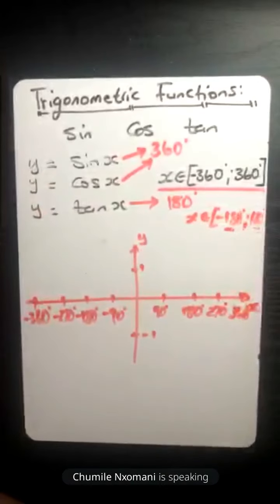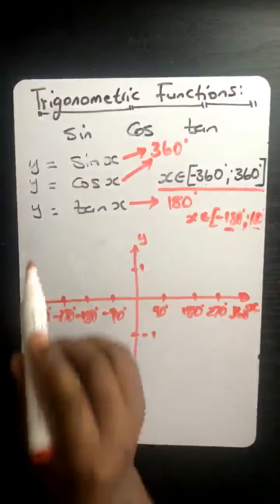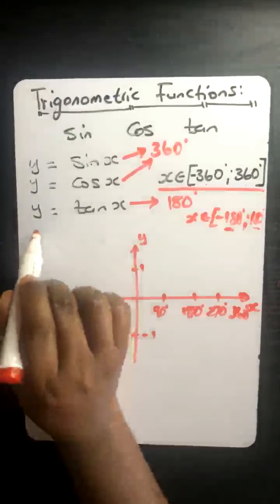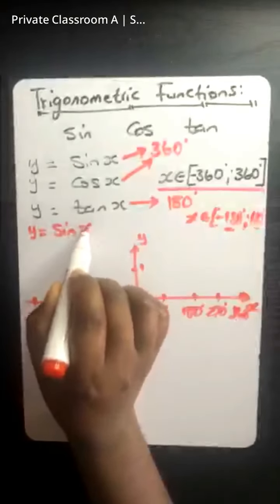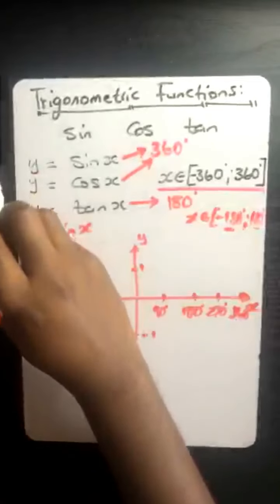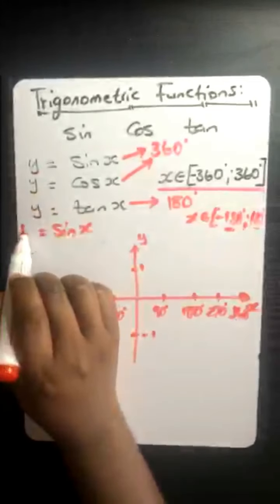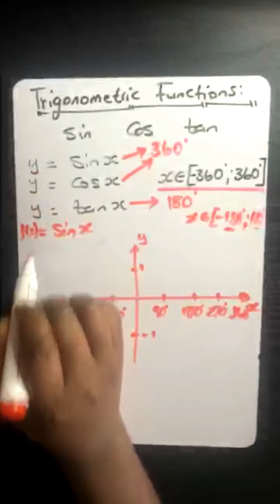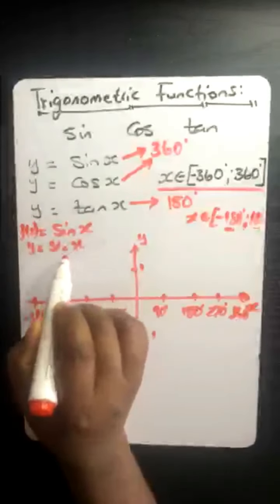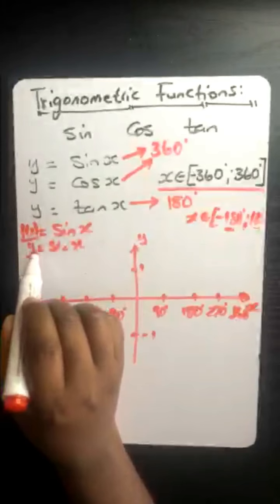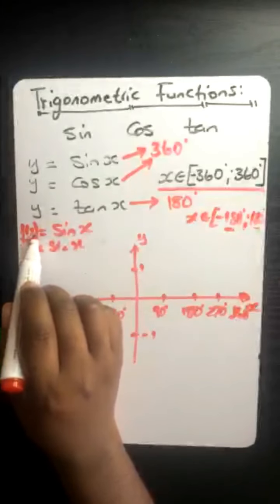Okay, let's sketch the function y equals sine x. Sometimes they give these functions names, maybe f of x. So f of x is the same as y equals sine of x; it could be g of x, h of x, or whatever.